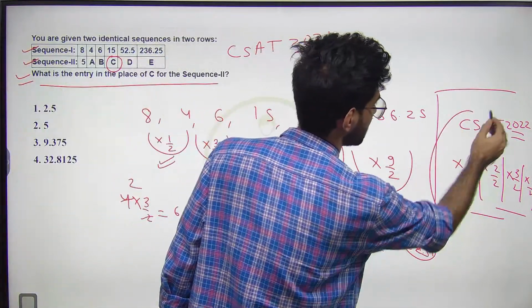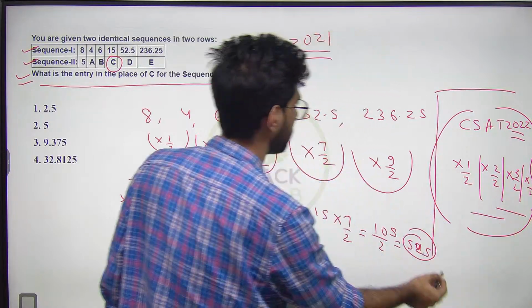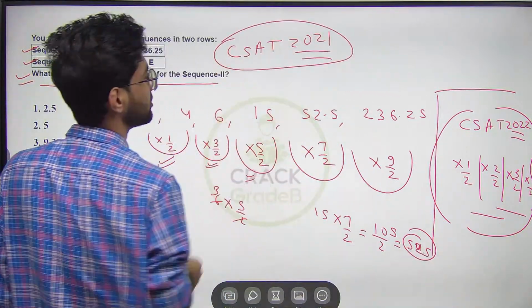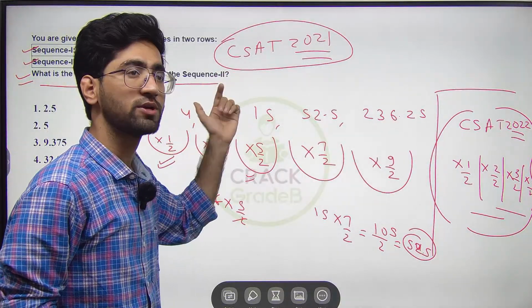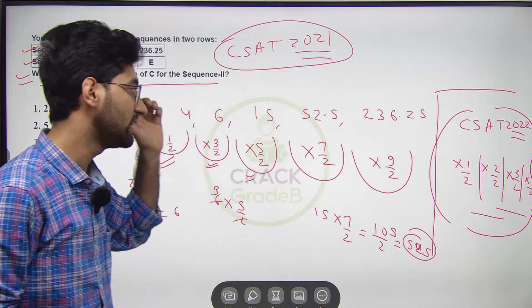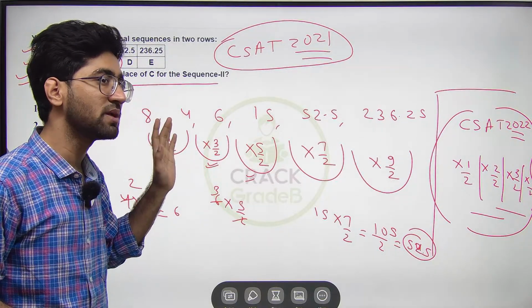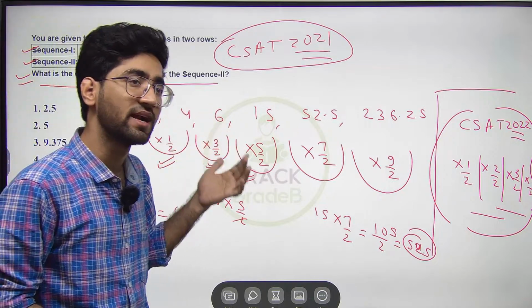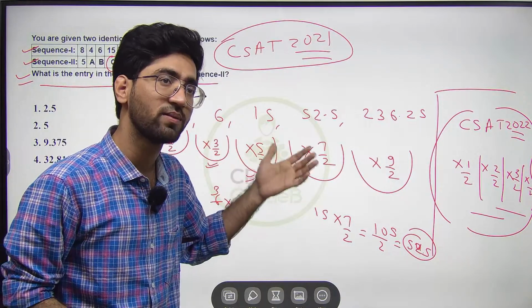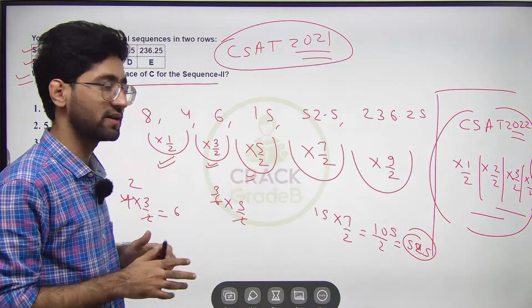There was a question in CSAT 2022 into 1 by 2, into 2 by 2, into 3 by 2, into 4 by 2, and this is the question of CSAT 2021. If someone has solved the CSAT 2021 paper, he will have a fair idea that there is a possible pattern into 1 by 2, into 3 by 2. So if that candidate gets a number series question again, he will at least try to find this kind of pattern.